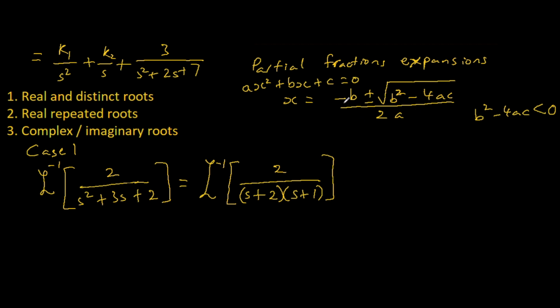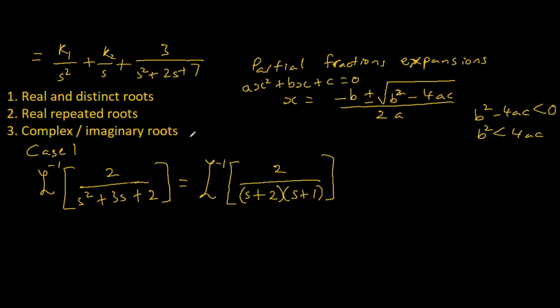It will be minus b plus or minus something i, divided by 2a. No matter what a and b are, assuming they are both real, your roots will always be complex conjugates, something plus something i and something minus something i. In other words, if b squared is less than 4ac, then you have complex or imaginary roots.